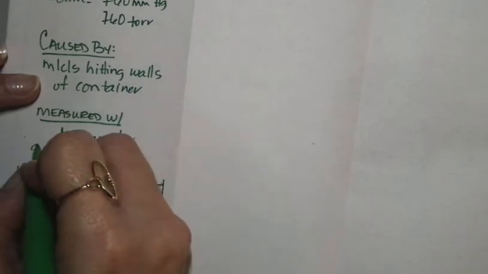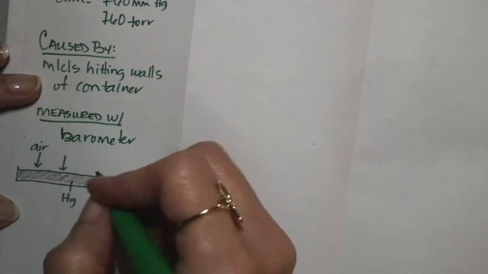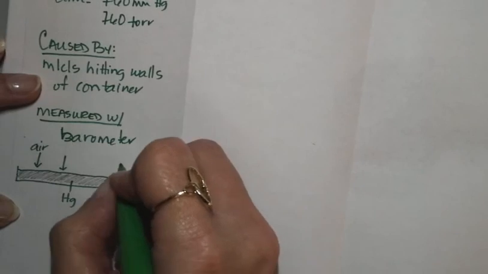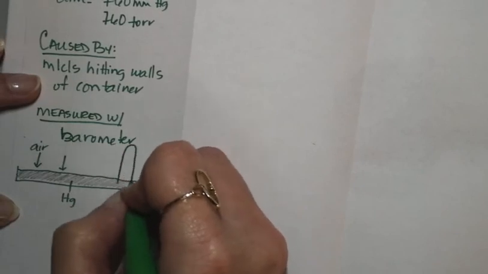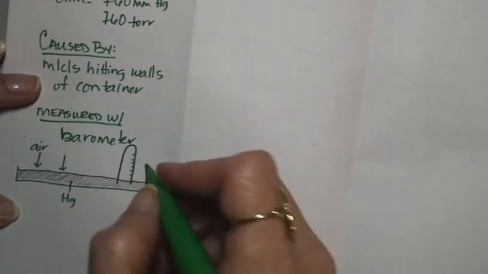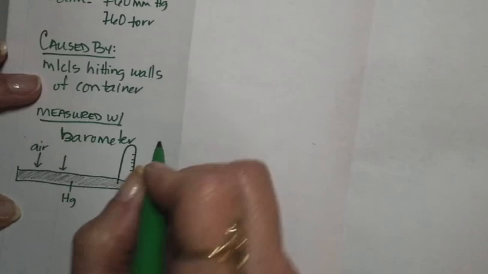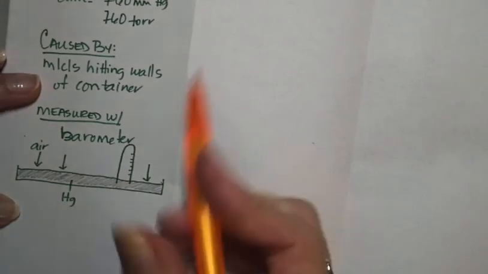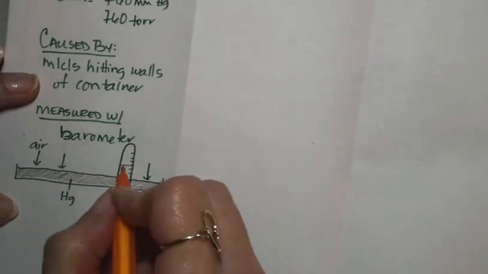And what they did is they had a glass tube that had marks on it. It was a graduated marking tube. Air is pressing down this way, and they figured out how high the air pressed the mercury up into the tube.